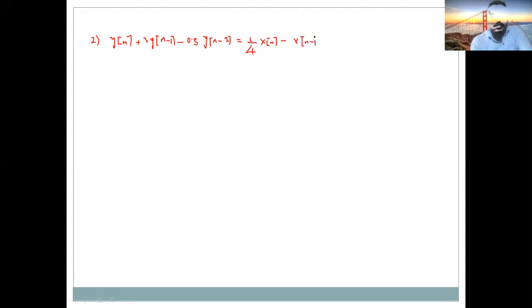Okay, let's see this difference equation. Output on one side, input on the other side. It's a difference equation of a discrete time system.